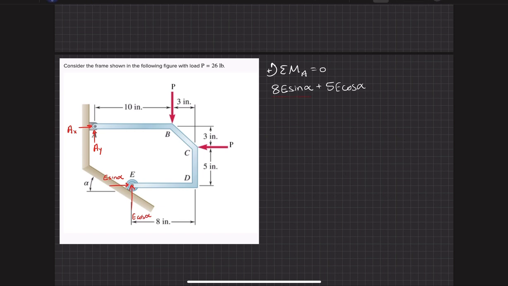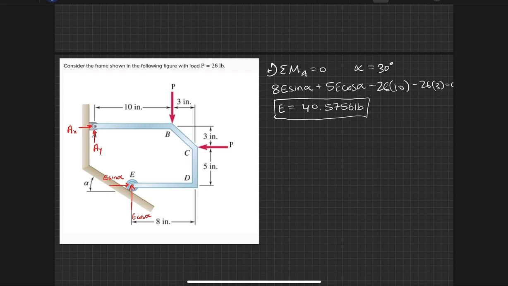Then we have minus 26 times 10 and minus 26 times 3, and we set it equal to 0. So we can see that we only have one unknown here because we know that alpha is equal to 30 degrees. So we can go ahead and solve for E, plug into your calculator, and we'll get that E is equal to 40.5756 pounds.